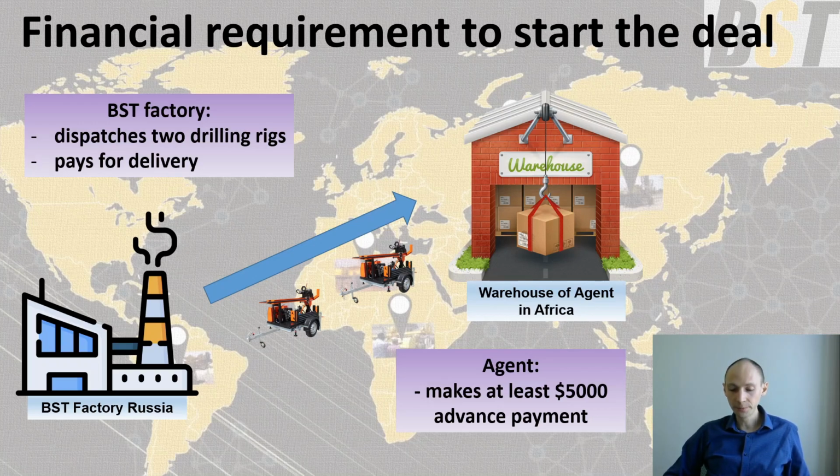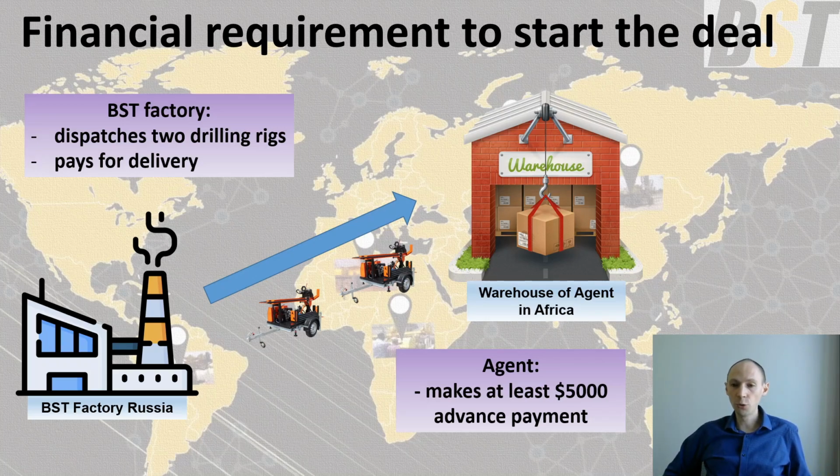And the agent obligations will include making at least 5,000 advance payment for this deal. So actually, we will have a supply contract, you understand, because when we dispatch the drilling rigs, it means that there will be a contract between two parties, BST and the agent's company, of which I will explain a little bit later.